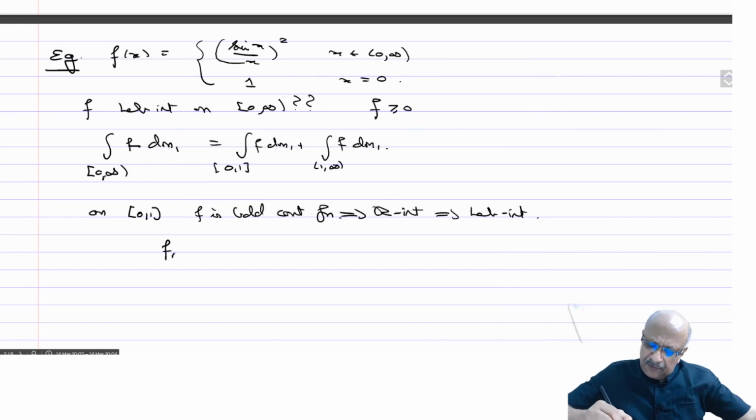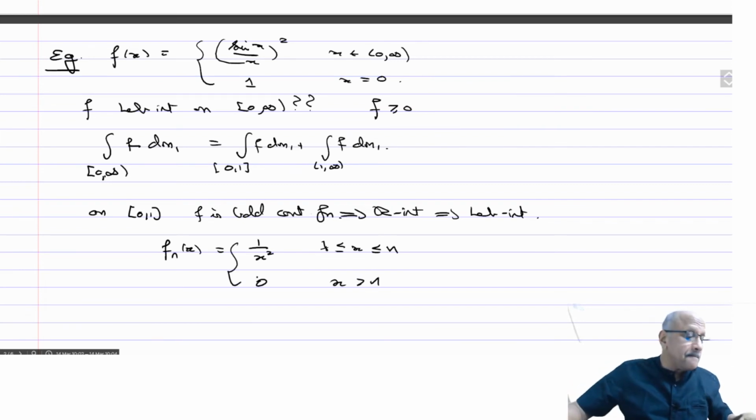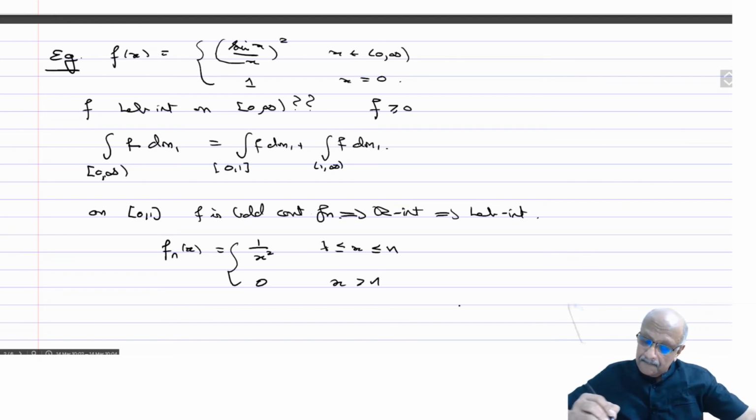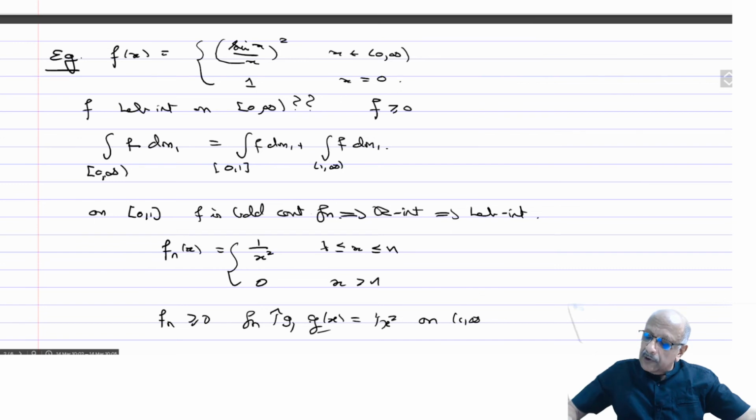So you now define f_n(x) equal to 1 over x squared if 1 is less than or equal to x less than or equal to n, and 0 if x is bigger than n. So f_n is all non-negative, and in fact f_n increases to the function 1 over x squared on 1, infinity.